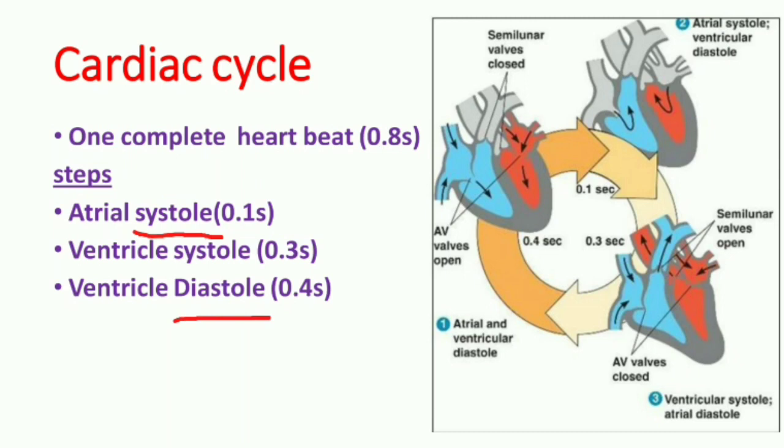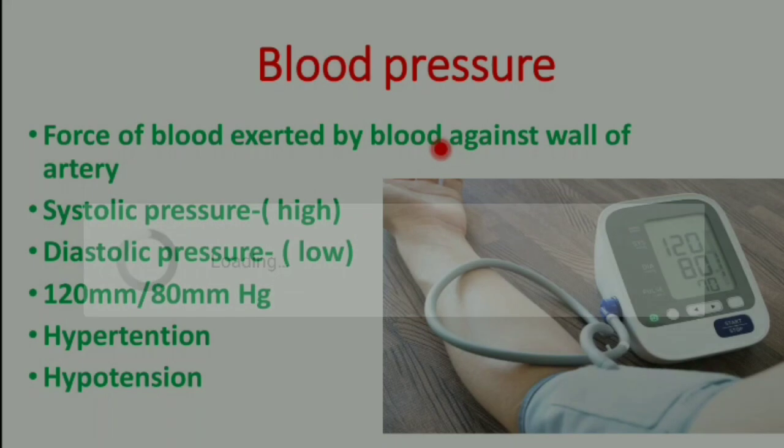Atrial systole, that is contraction of the atrium, takes 0.1 second, contraction of the ventricles takes 0.3 seconds, and the relaxation of the ventricles takes 0.4 seconds. These three steps make one complete cardiac cycle, totaling 0.8 seconds.